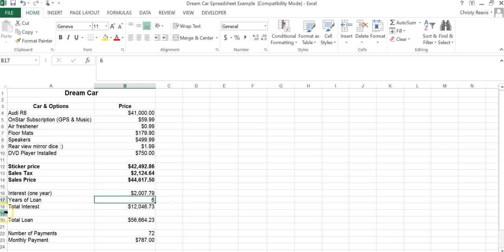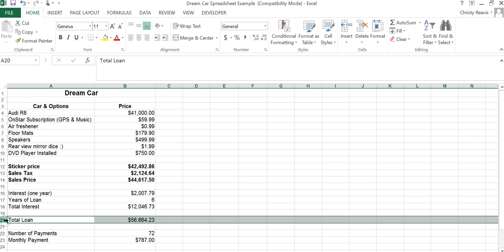I don't like it, but I'll do it. So the total amount of the loan that you borrowed, this number here, is how much you have to pay the dealer for the car, that's your sales price, plus how much you pay the bank for the loan. So your total loan is made up of just 2 numbers, this sales price plus this total interest. That will get you your total loan.